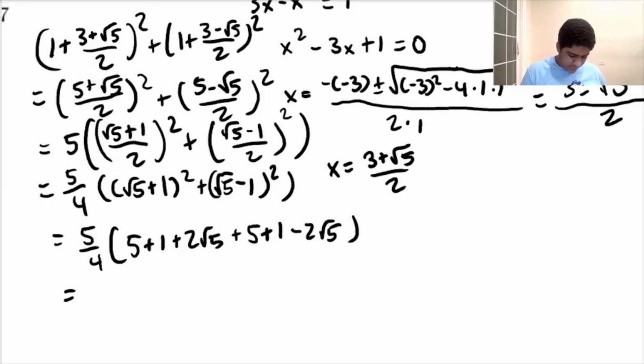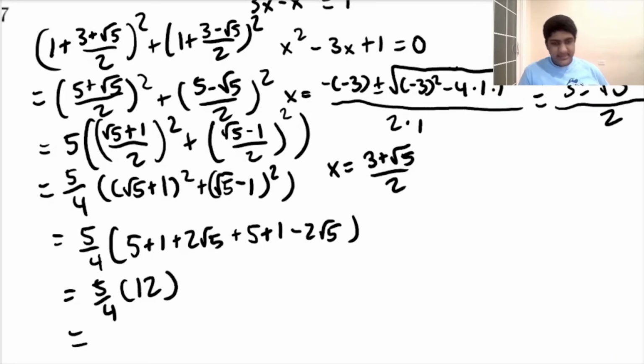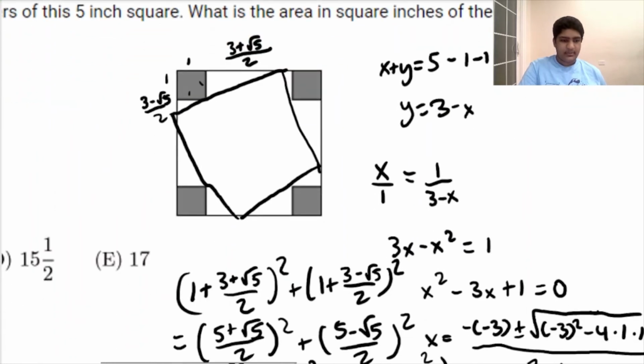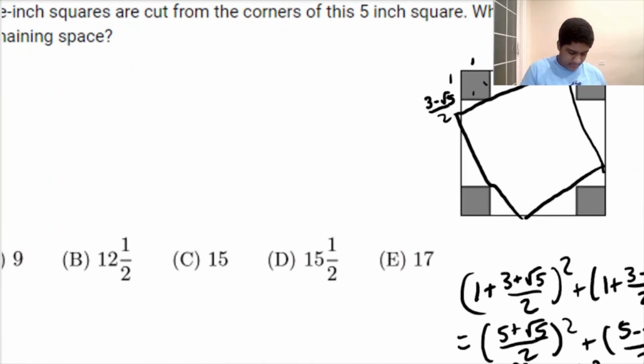This is just going to be 5/4 of, let's see, we have 5 plus 1 is 6, plus 2 root 5, plus 5 plus 1 is 6, minus 2 root 5, which is just going to be 12, which means that the area of the square is going to be 5/4 of 12, which is 15. Going back to the choices, we see that 15 is choice C, and we are done.